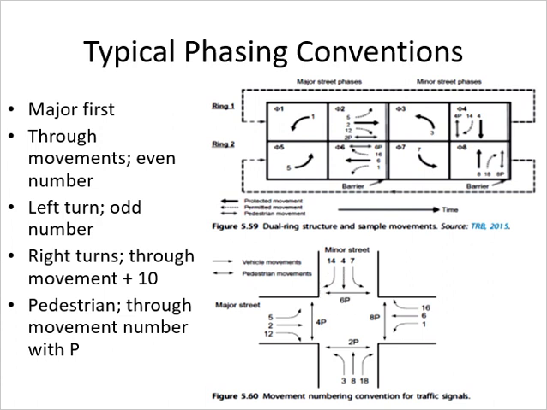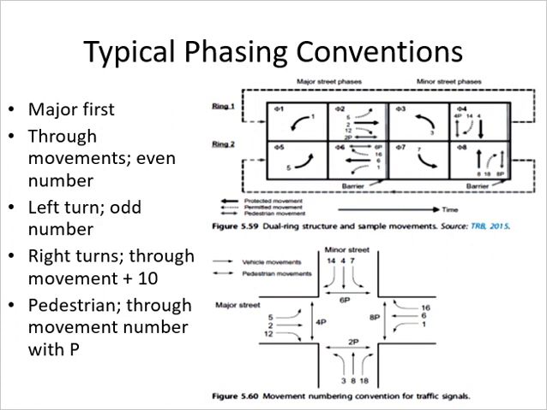In deciding these numbers, we start from the major movement and go towards the minor. The major movement is very easy: the movement which has higher volume, or higher V by S ratio, becomes the major movement. So you start numbering from that movement.